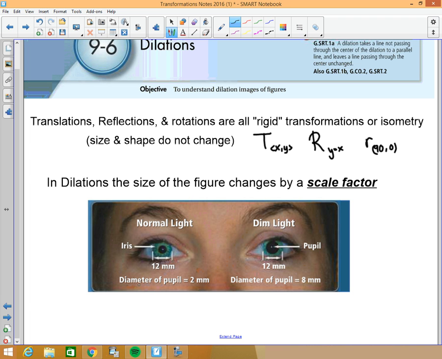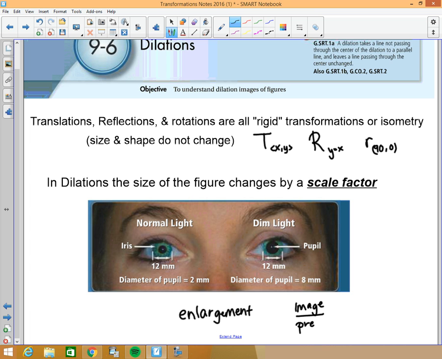So you notice that the diameter of our pupil here is 2 millimeters and the diameter of our pupil here is 8 millimeters. So therefore the pupil has become larger. So we say this is an enlargement. Okay. In order to find the scale factor by which it enlarges, we always do image over pre-image.